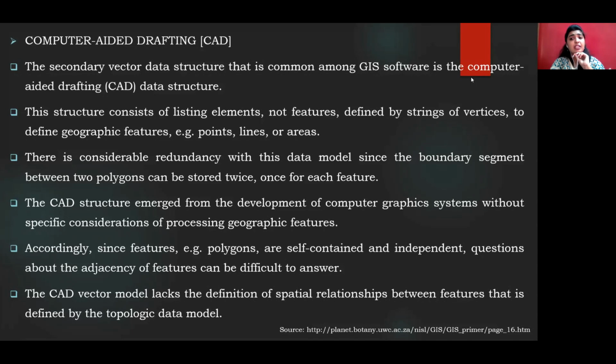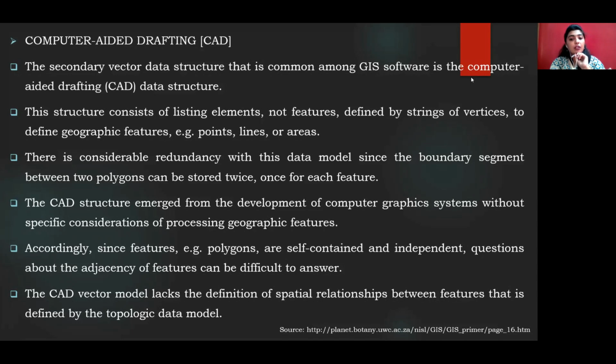And the polygons can be stored twice if one feature is repeated and they are side by side. The CAD structure emerged from the development of computer graphics without specific consideration of processing geographic features. Accordingly, since features, for example polygons, are self contained and independent, questions about adjacency of features can be difficult to answer.